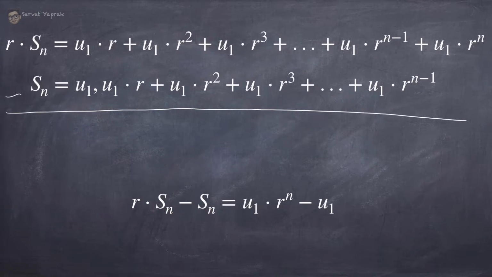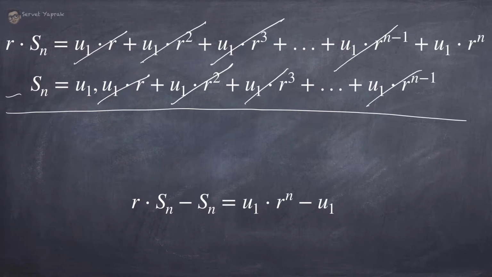And in here, u1 times r and u1 times r cancel each other. u1 times r squared and u1 times r squared cancel each other. r cubed, and finally these two terms are gone. So what is left is the final term here and the first term here. So our subtraction will be equal to u1 times r to the power of n minus u1.